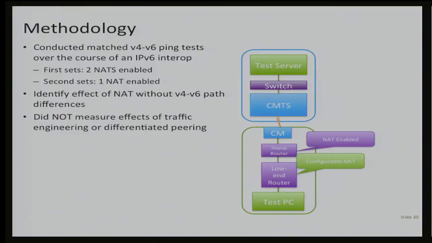The variability is on the bottom router, the low-end SOHO router: we would turn off the NAT and turn it into bridge mode for some of the tests if we wanted to go from 1 NAT to 2 NATs. And so we ran mashed IPv4 and IPv6 ping tests throughout the course of the interop.